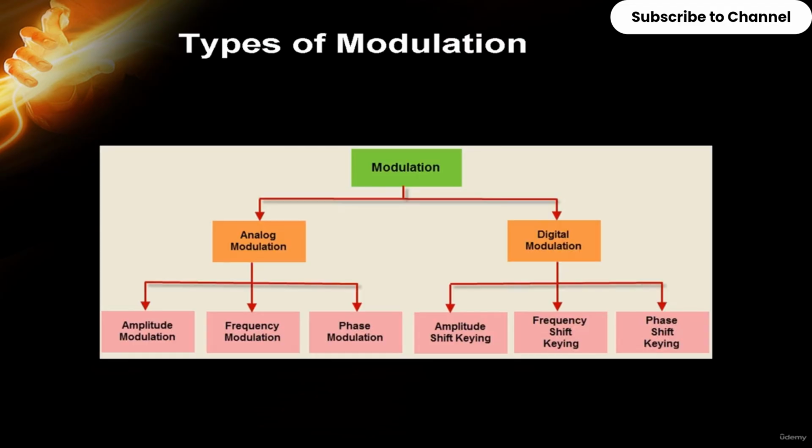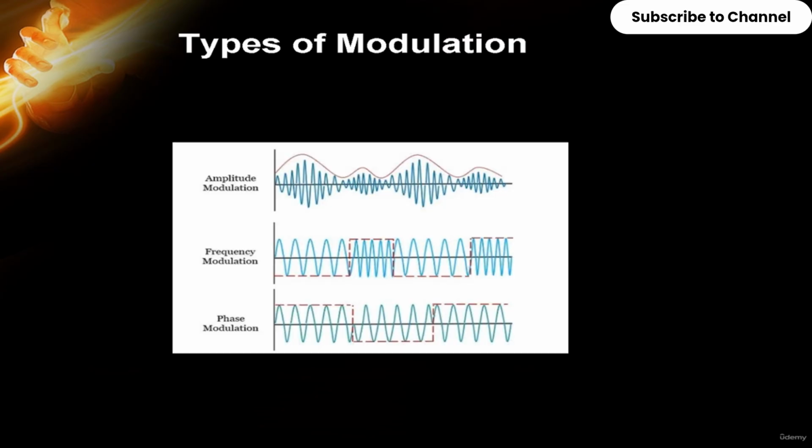So these are the types of modulation. What types of modulation are available? There are two types: analog modulation and digital modulation. Analog modulation is further classified as amplitude modulation, frequency modulation, and phase modulation. Digital modulation is further classified as amplitude shift keying, frequency shift keying, and phase shift keying.